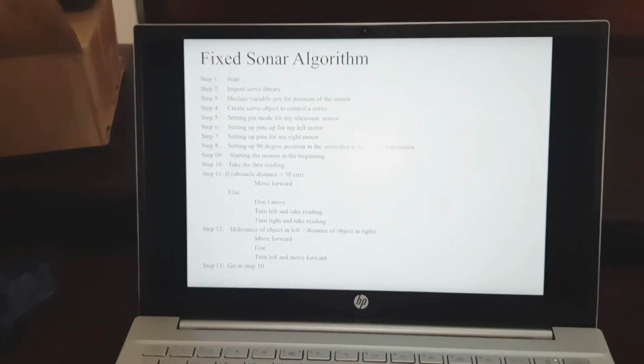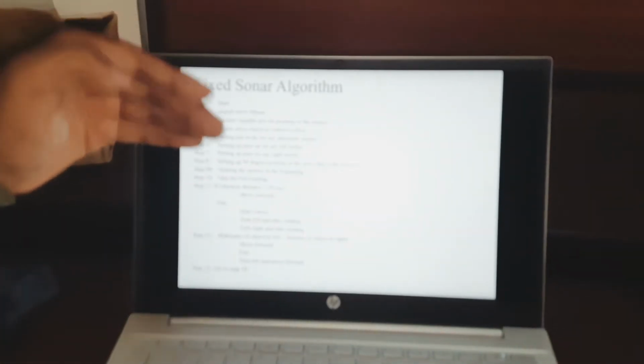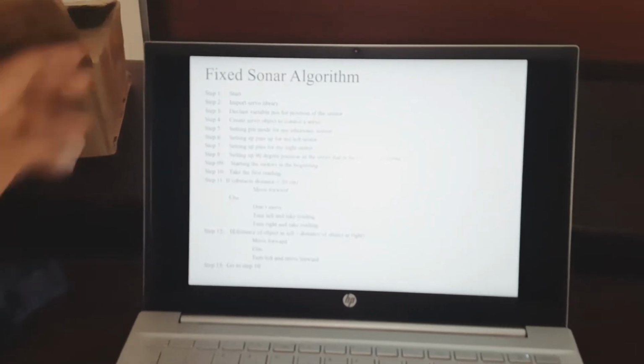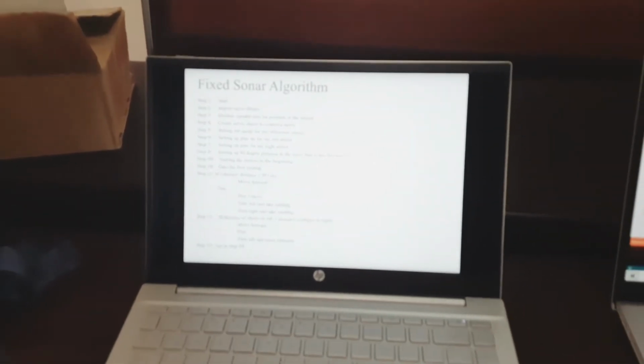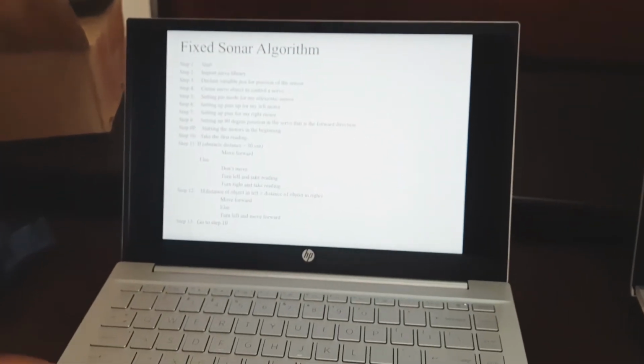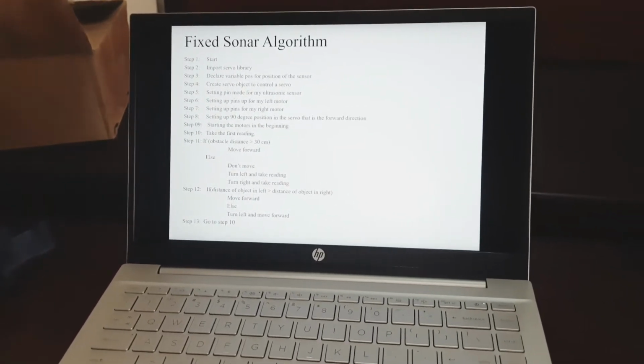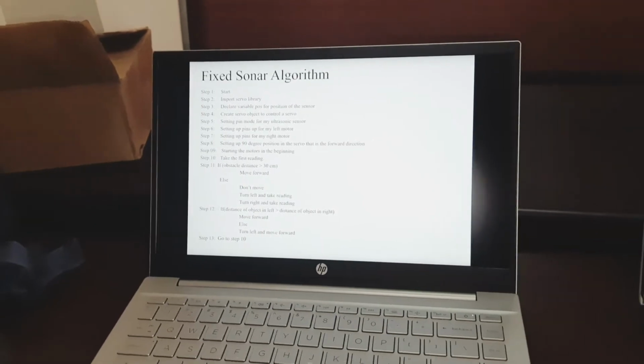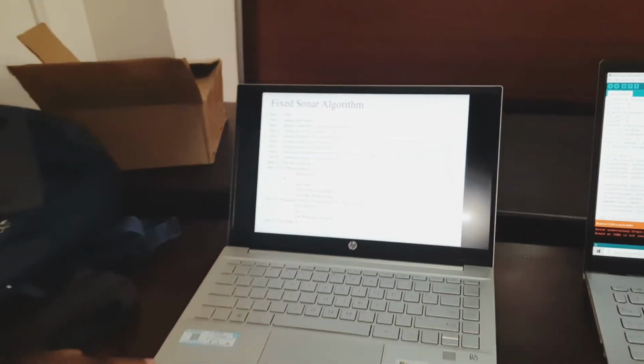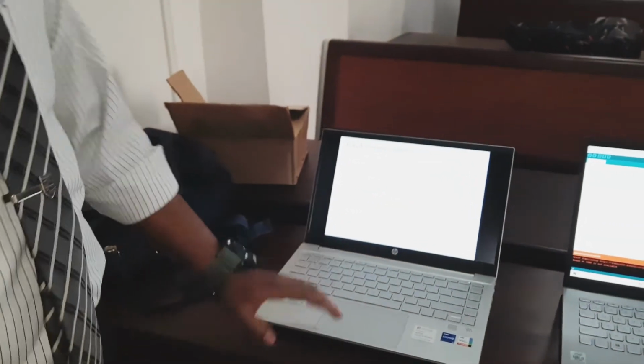Step 1 is start. Step 2, import the servo library. Step 3, declare a variable for the position of the sensor. Step 4, create a servo object to control the servo. Step 5, set the pin modes for the ultrasonic sensor. Then set up the left motor and the right motor.